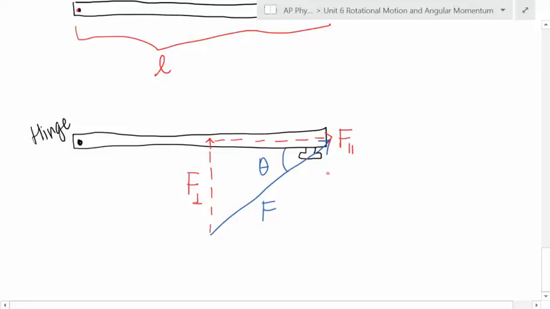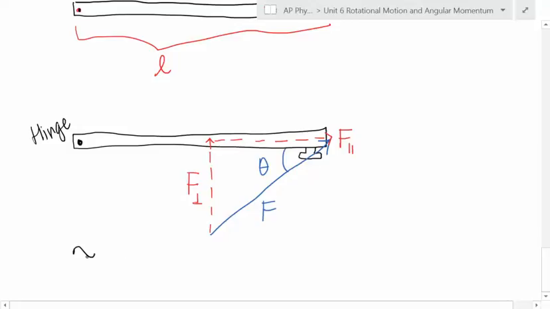Does the parallel to the door component cause it to swing? No. Does the perpendicular component cause it to swing or move, rotate? Yes.